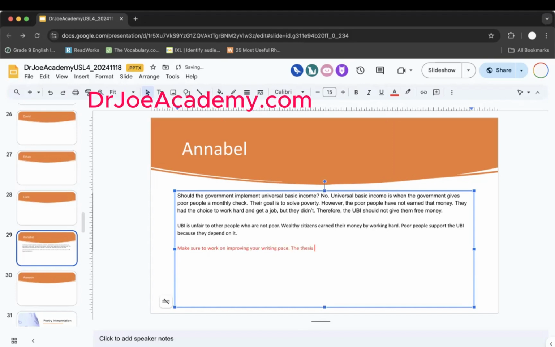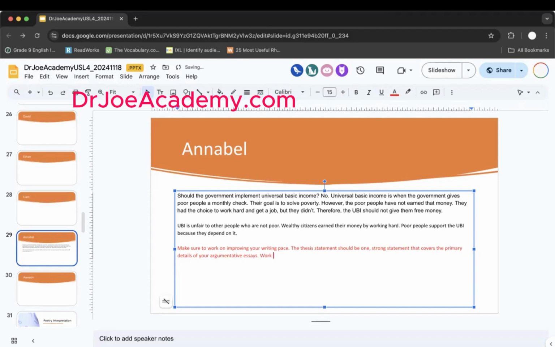The thesis statement should be one strong statement that covers the primary details of your argumentative essays. I would also work on improving your topic sentences.